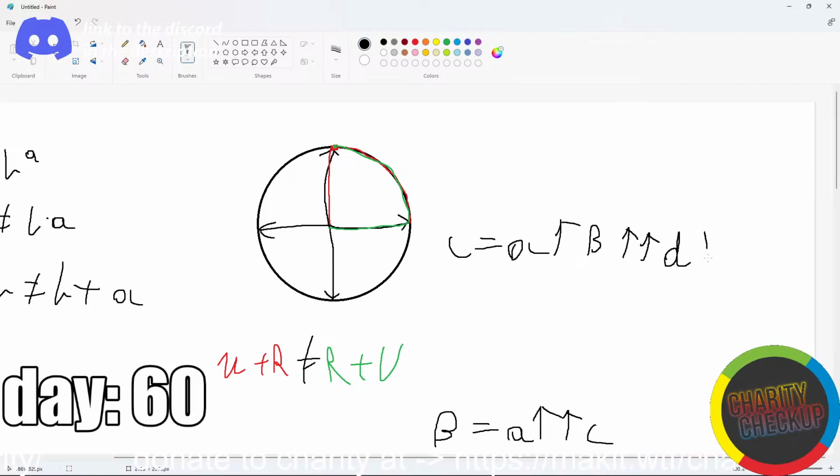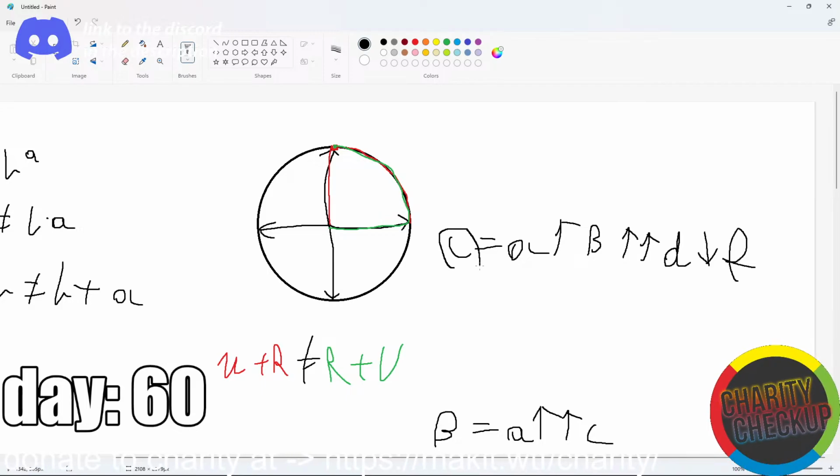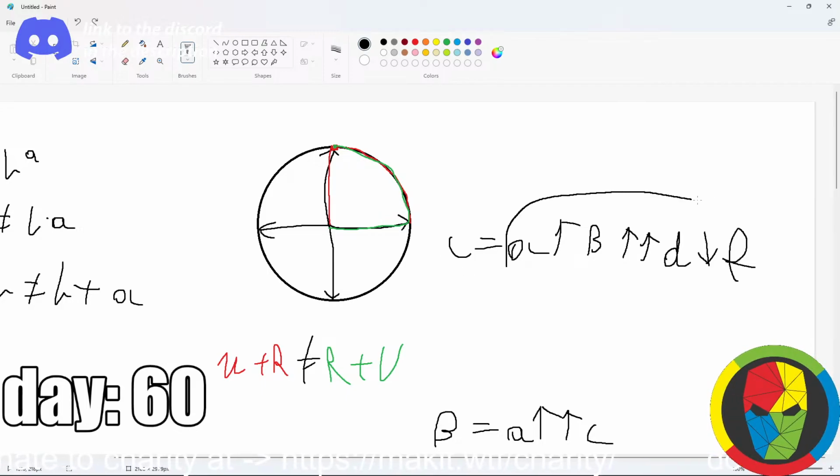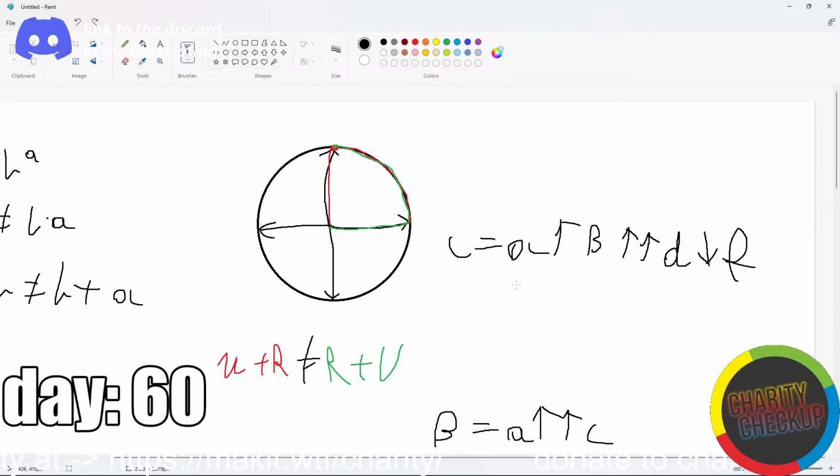D down arrow F, for example. Then we could compute C, but it would be saved only as a link of hyperoperations. That would solve a lot of problems.